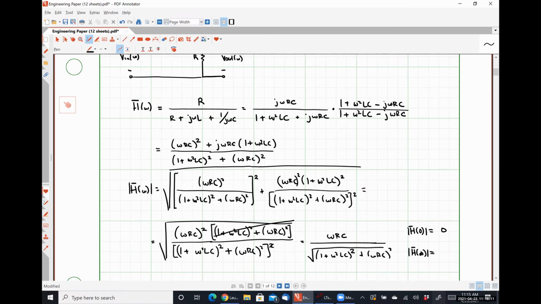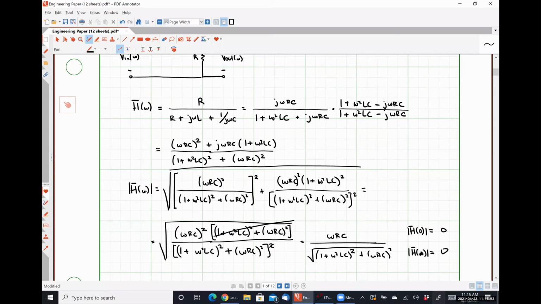So at a frequency of infinity, we have omega squared, so that's going to be infinity squared times some number plus 1. So it's going to look like infinity squared squared, infinity to the 4th power. We take the square root of that, and so it's going to be infinity squared in the denominator and infinity in the numerator, which means we have 1 over infinity, approximately. So it's going to look like 0.